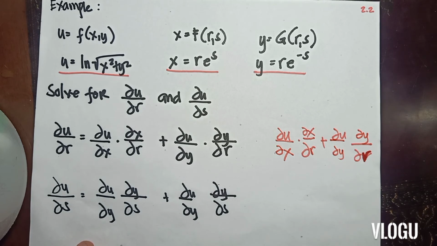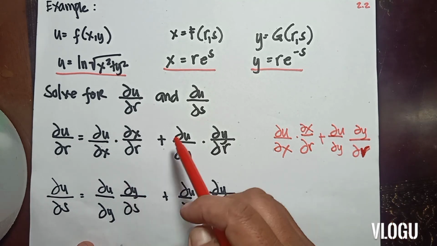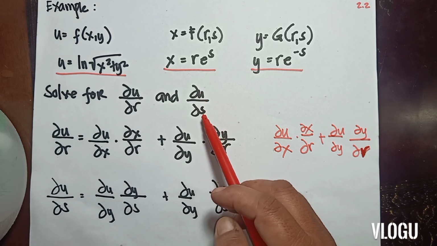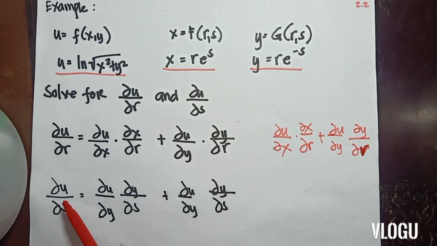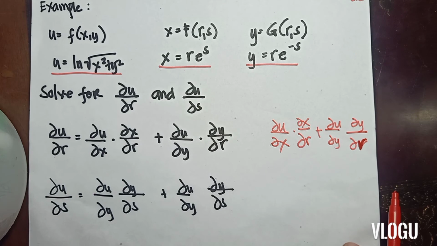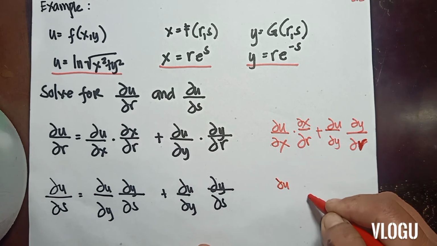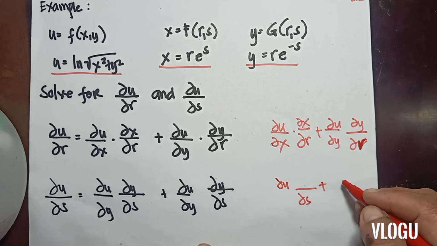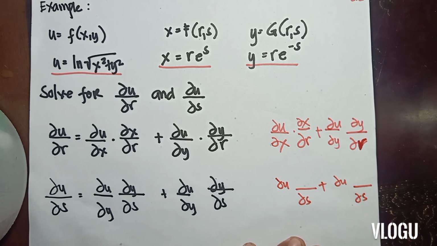Okay. Next, you're asked to solve for the partial derivative of u with respect to s. So, du with respect to variable s, du ds. How to make the formula? You're solving for du over ds, plus du over ds.